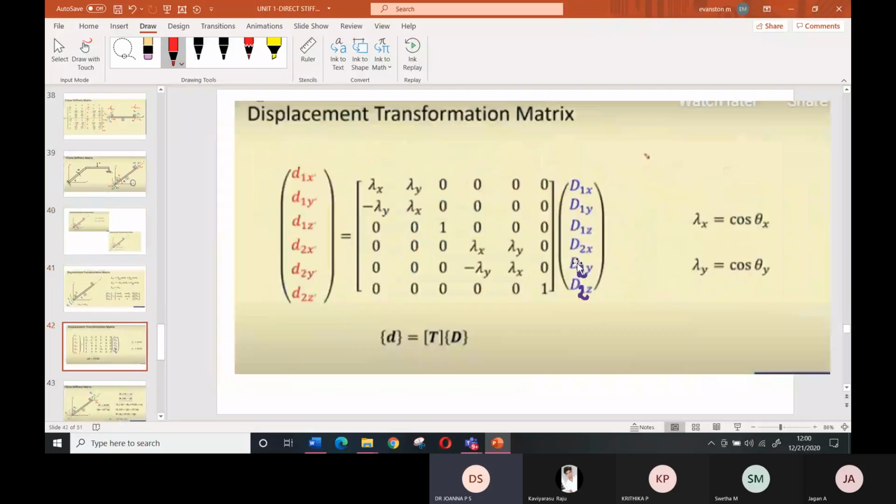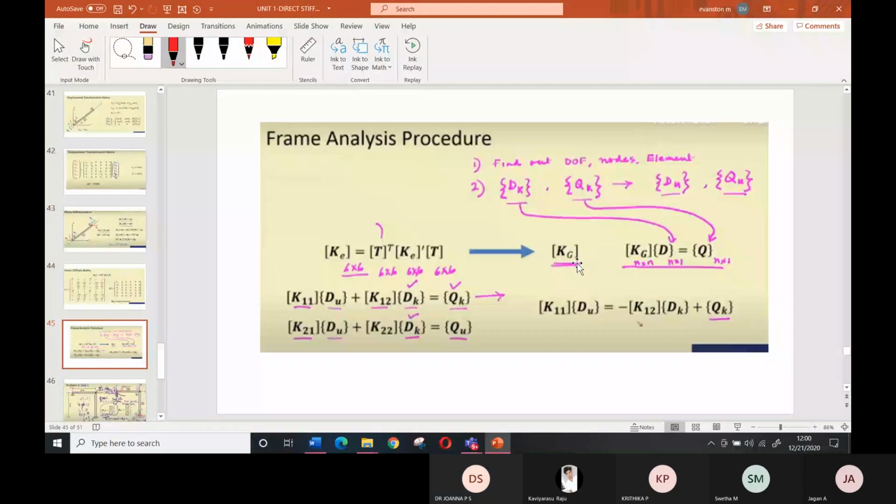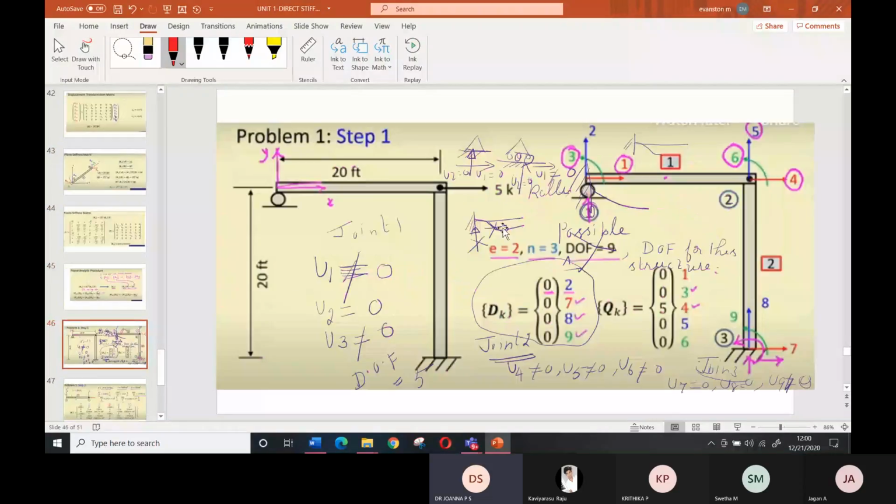Now you take down this problem. First you write joint number 1 and you write down the degrees of freedom. You should keep in your mind, if it's a fixed support, everything is restrained. Horizontal also restrained. It can't move in the horizontal direction also.